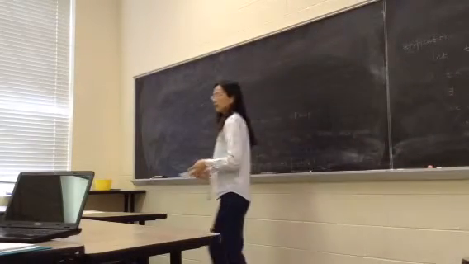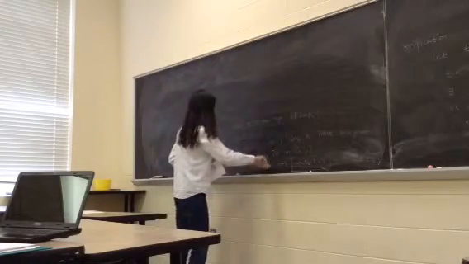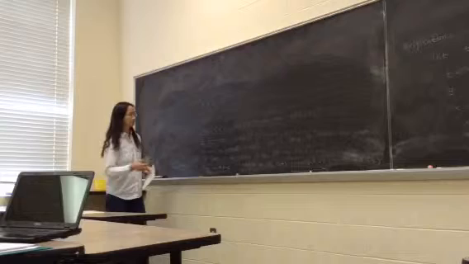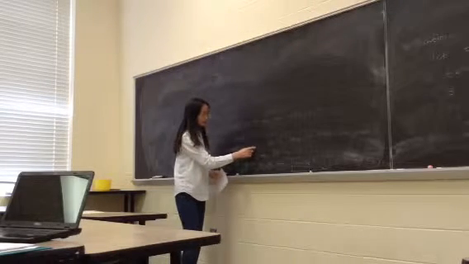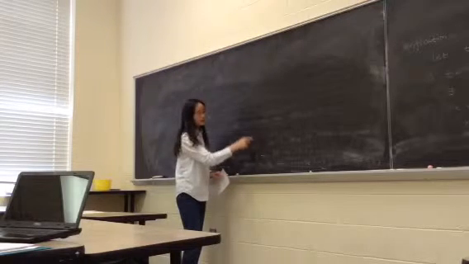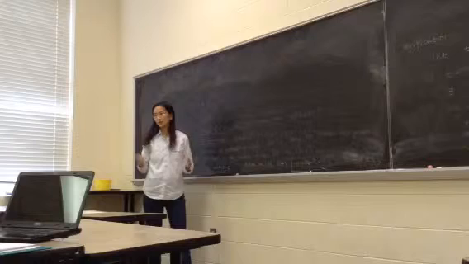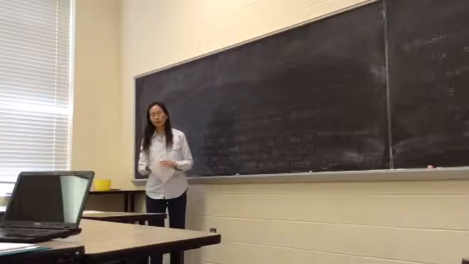So that's the largest possible interval, because any interval where there's a solution is a subset of this interval. That's the largest possible interval where we can find a solution.